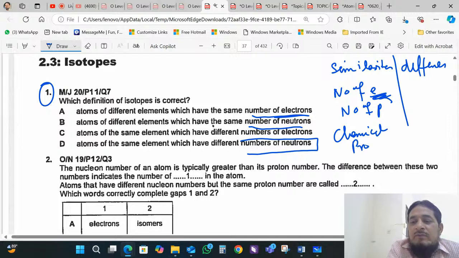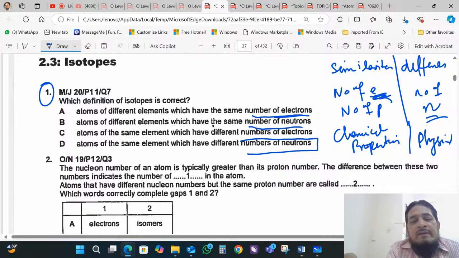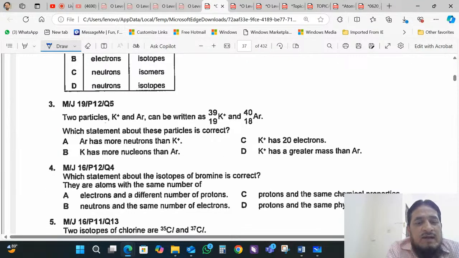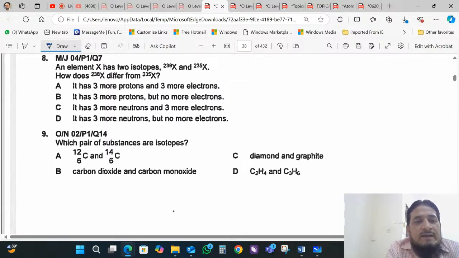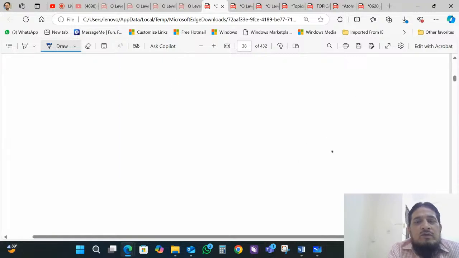So the chemical properties for all the isotopes will be the same, and the difference is the number of neutrons. The number of neutrons will be different. The physical properties like the boiling point and the melting point will also be different.